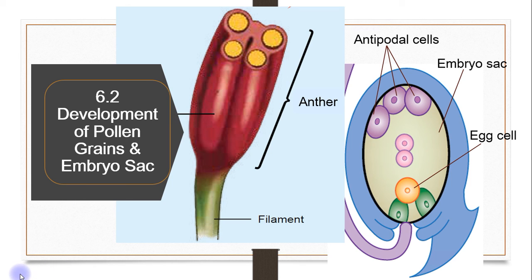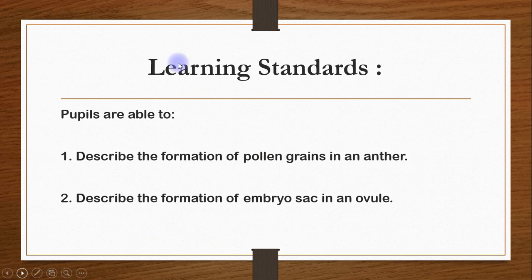Before that, let's take a look at the learning standards for today. Pupils are able to, number one, describe the formation of pollen grains in an anther. That's all for today.